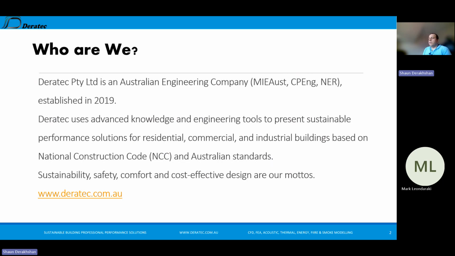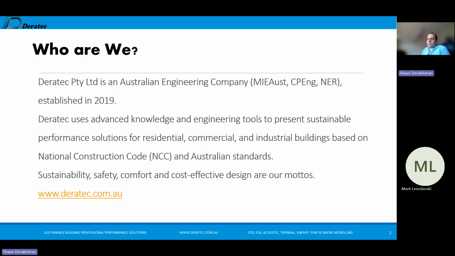But after COVID, we extended our capability and market. So now we have multiple engineers focused on developing mechanical services, focusing on ventilation and wind airflow, and we are growing very fast.